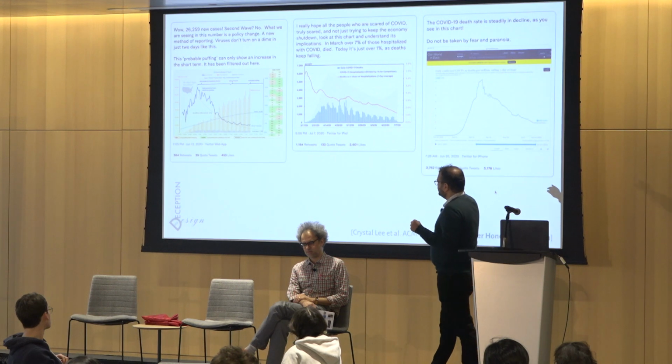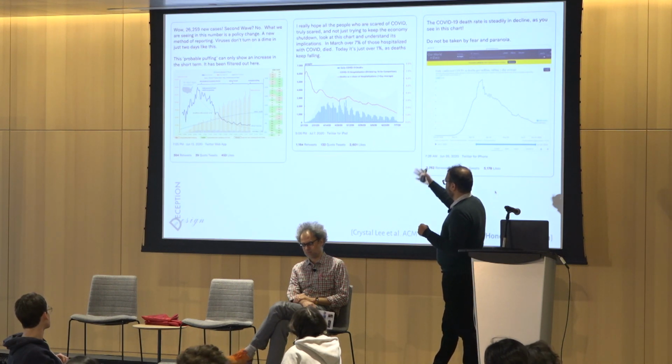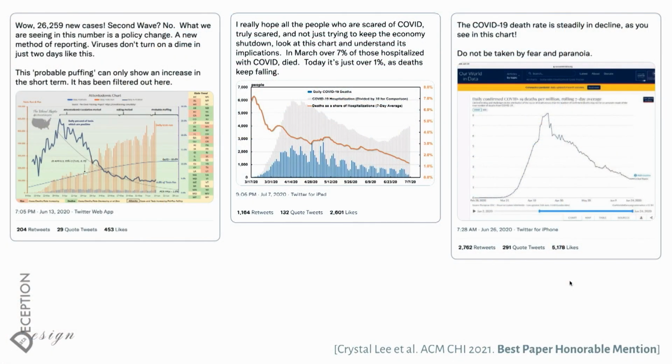And in all 3 cases, these visualizations are showing a seemingly steep decline in cases or deaths, and the arguments associated with them are suggesting, great, we can lift lockdown restrictions, right? We don't need to mask anymore. Yes, the pandemic is still a thing, but it's not as bad as it seems.